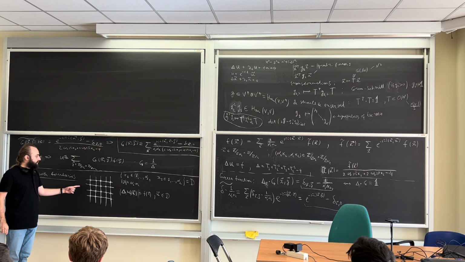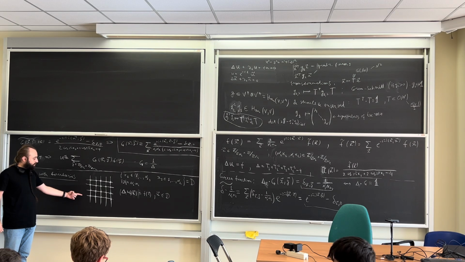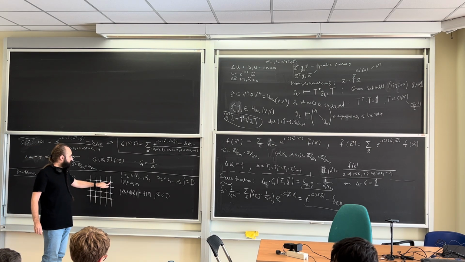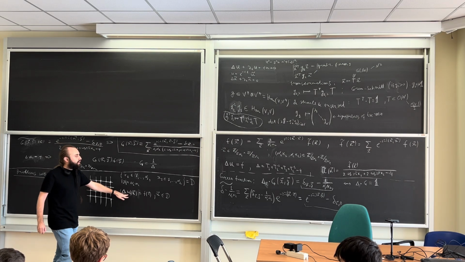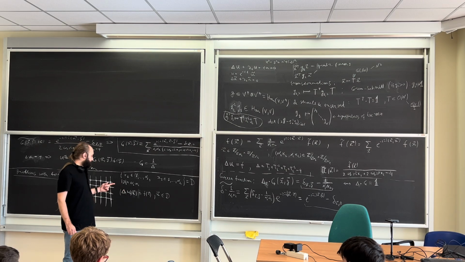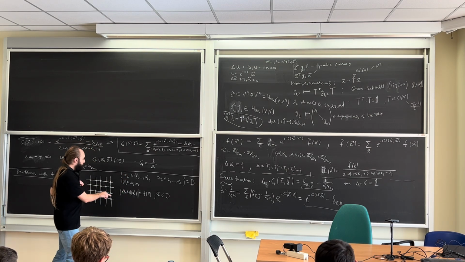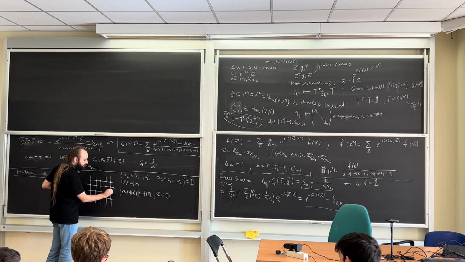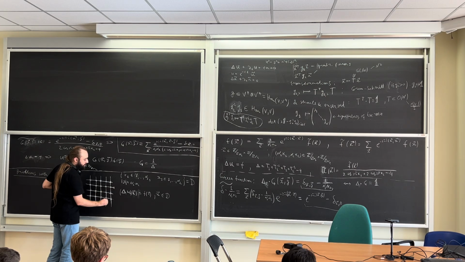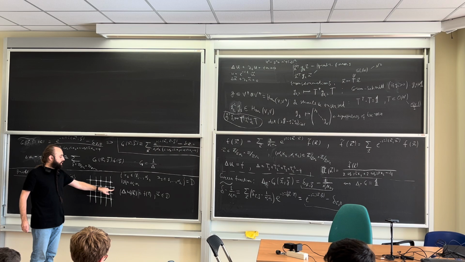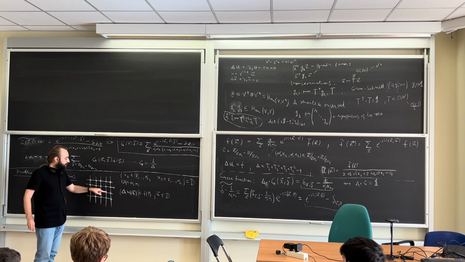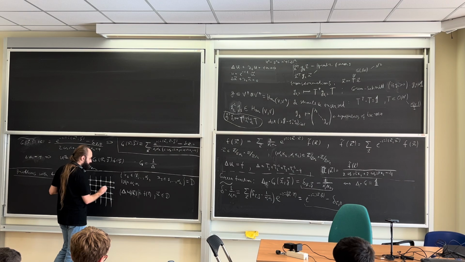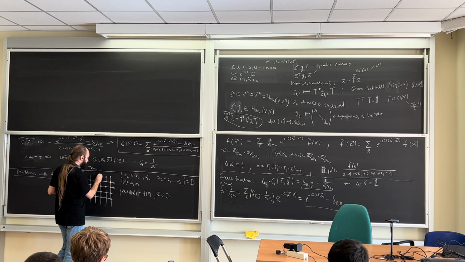But there is the following question: if we consider a function at some point close to the boundary, and this Laplace operator involves a shift in the direction of the boundary, then to define it we need to say what is the value of our function u in these boundary points, which I denote by crosses.